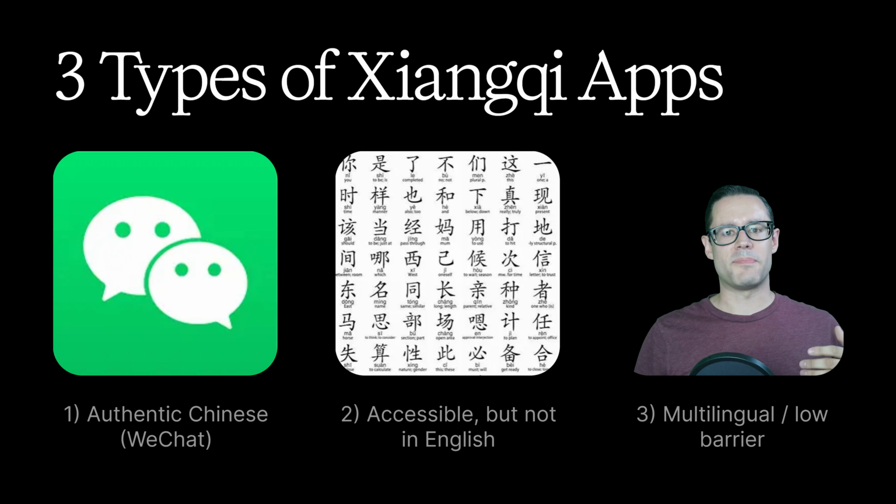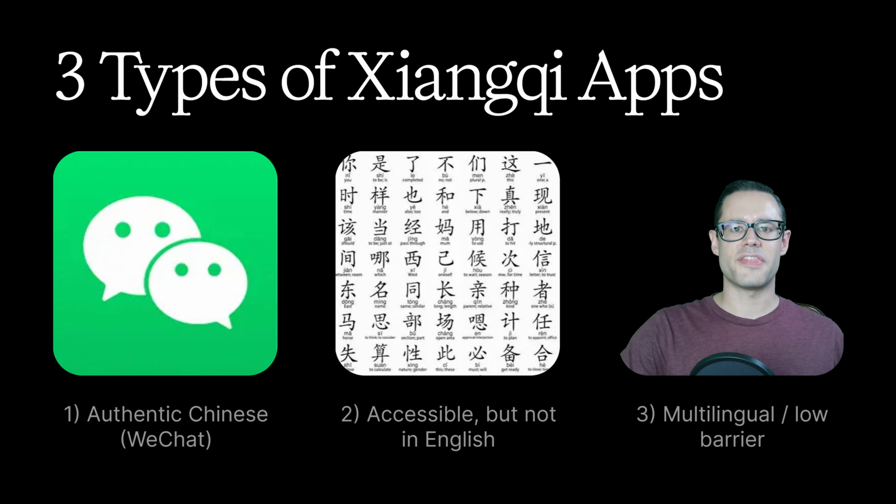Maybe the app is still in Chinese, or maybe it's in Vietnamese, but it's something that you can readily access. And then lastly, we'll look at the apps that have essentially no barrier to entry for foreigners, no installation requirements, multilingual options, and that all sounds promising, but there are some interesting issues that we'll discuss. So without further ado, let's get started looking at the authentic Chinese apps that require a WeChat account.